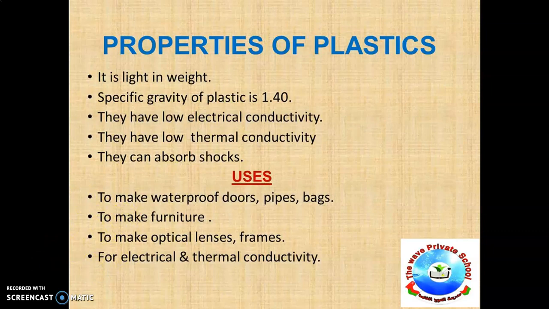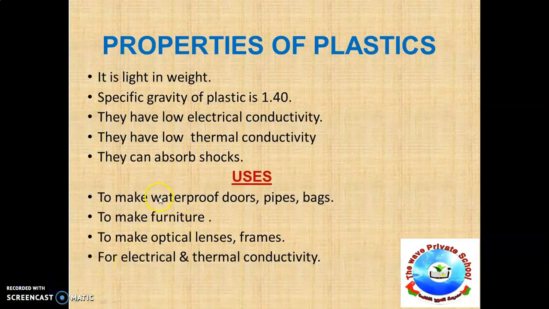So, this material is used to make waterproof doors, pipes, bags, furniture, optical lenses, and frames for electrical and thermal insulation. These are the uses. Now open the notebook and copy down the properties and the uses of plastic.